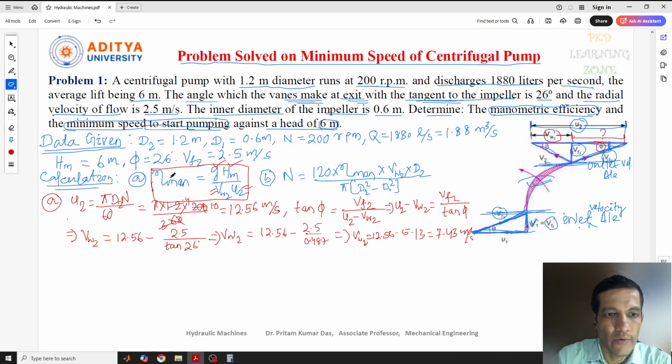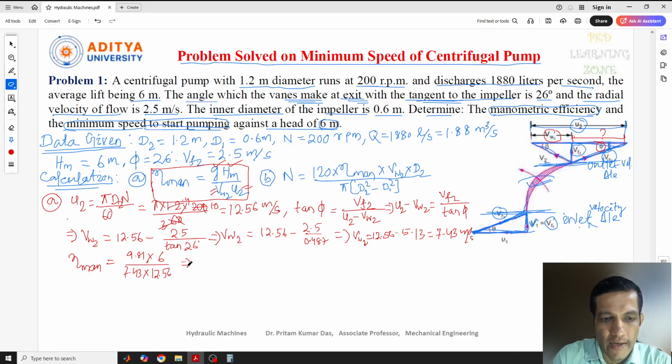Now we can put this value in this equation and find out the efficiency. Manometric efficiency is equal to G, 9.81, into HM value, which is 6, divided by VW2, 7.43, into U2, which is 12.56.